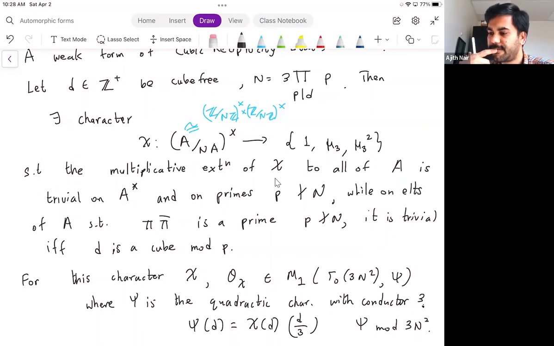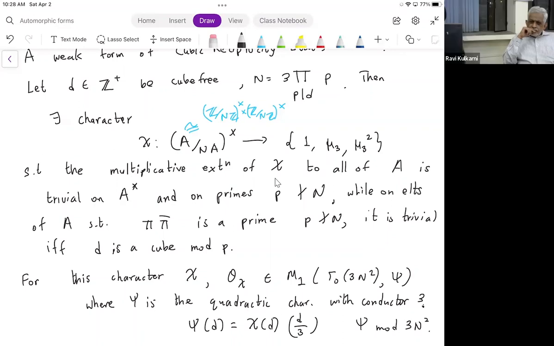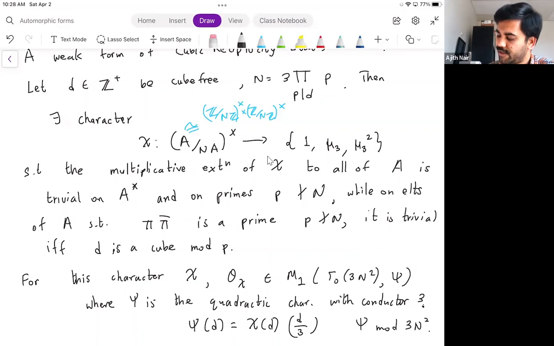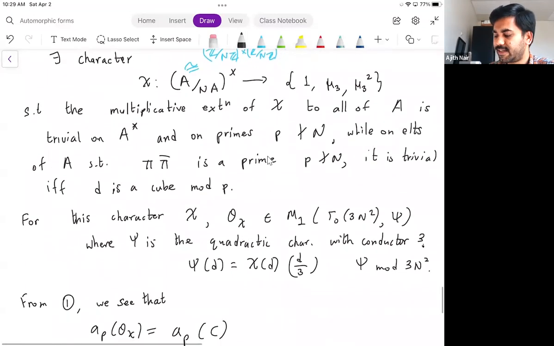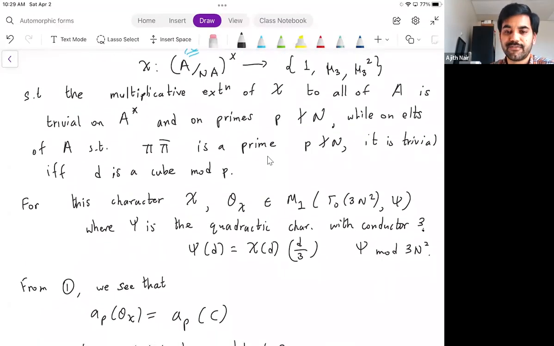Okay. Good. Since we are not really saying that there is a unique character, we just want the existence of one such character for which it is true.